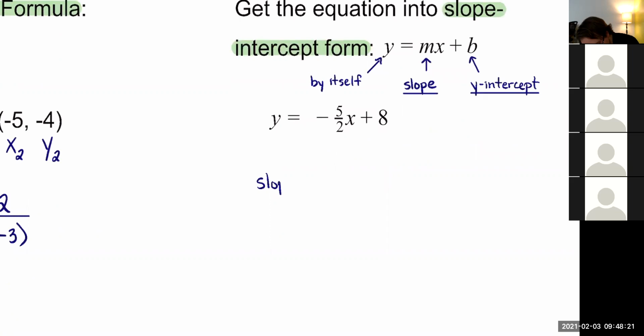What is my slope? Negative 5/2. Now you'll notice that the computer put the negative sign next to the whole fraction. That sometimes causes some confusion.